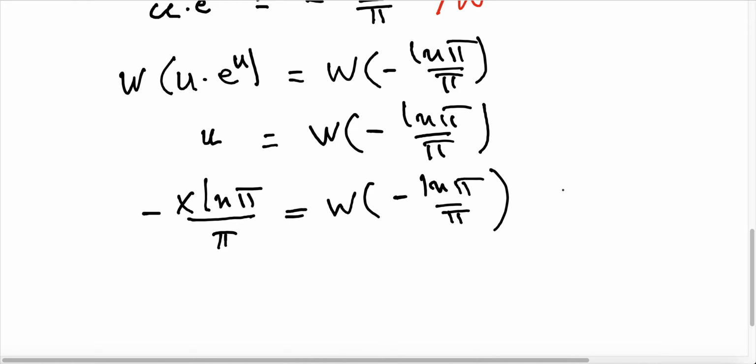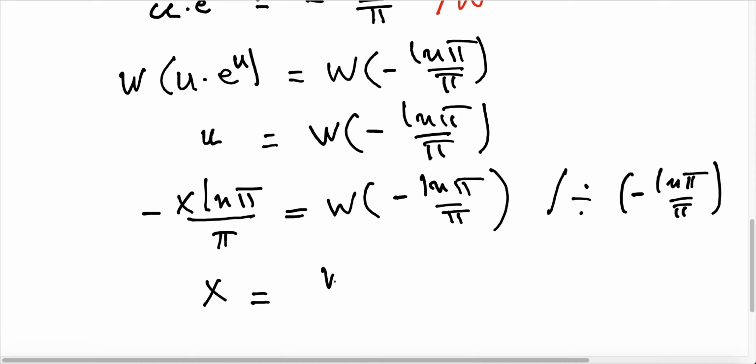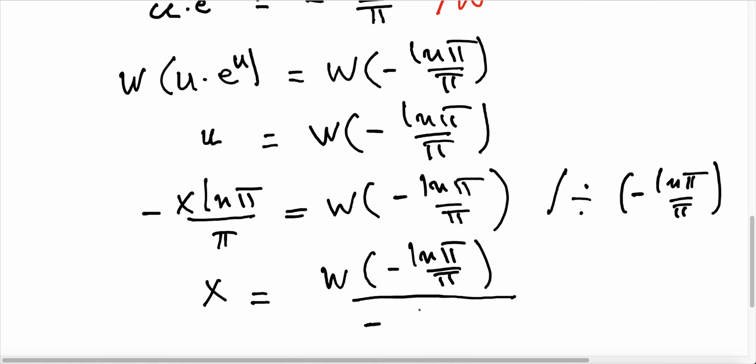And now I'm going to divide everything by minus ln pi over pi, and x is going to be equal to W of minus ln pi over pi, and everything here divided by minus ln pi over pi.